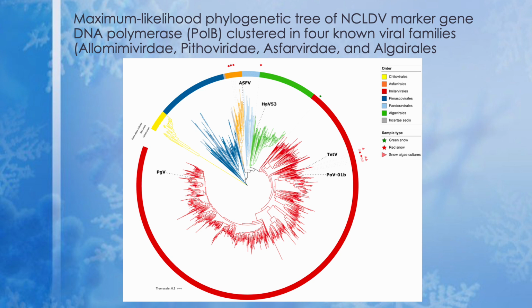POL-B from the red snow, N is 3, and green snow samples, N1, grouped together with Aspergillus reference sequences, which is a globally distributed group known to infect photosynthetic dinoflagellates as well as protozoans.